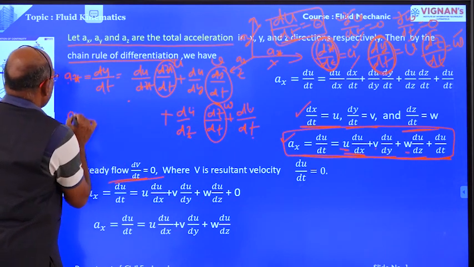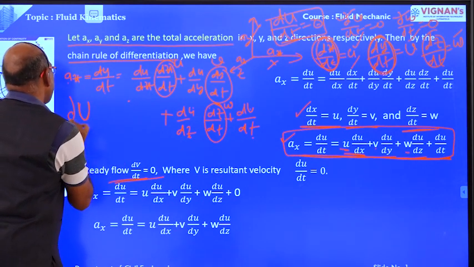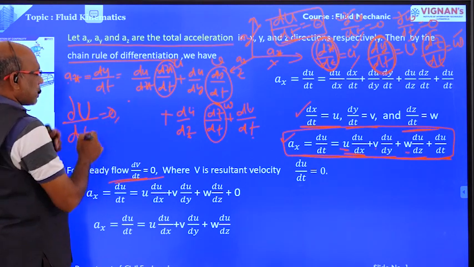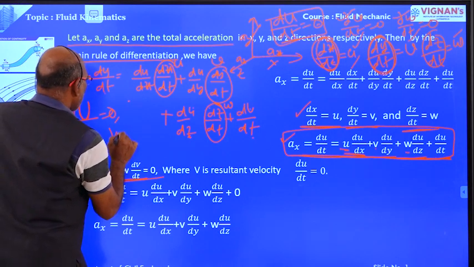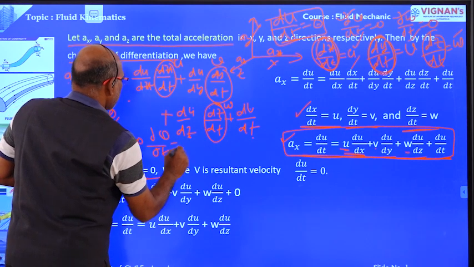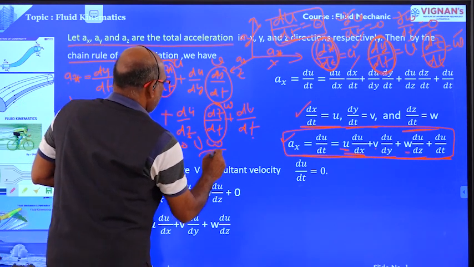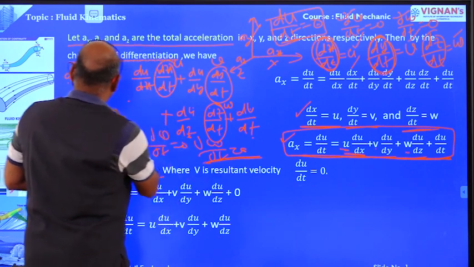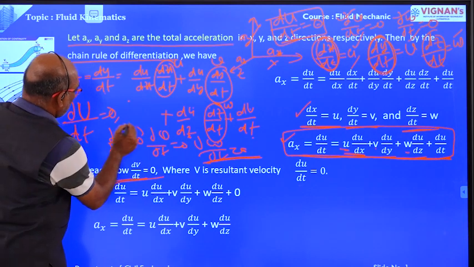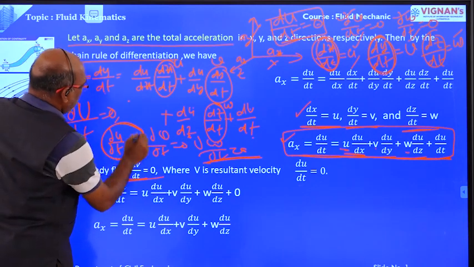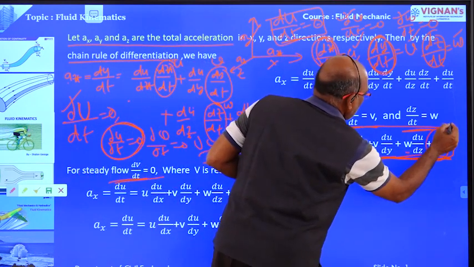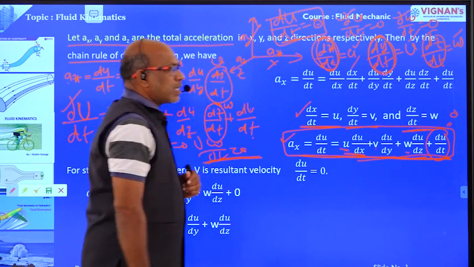That means, based on the steady flow, dou u by dou t is 0, dou v by dou t is 0, dou w by dou t is 0, because the resultant velocity does not change in case of steady flow. So in place of du by dt, we are going to take 0. This is the standard equation. In this case we take 0 because the flow is steady.